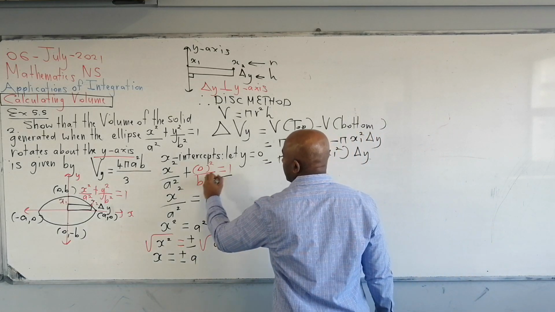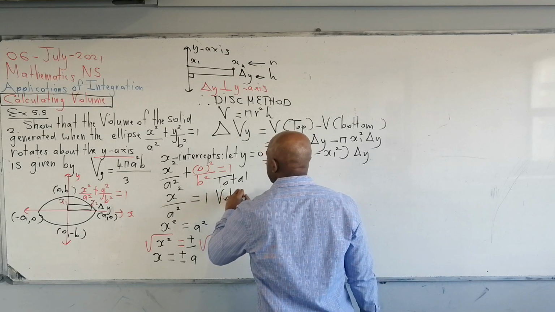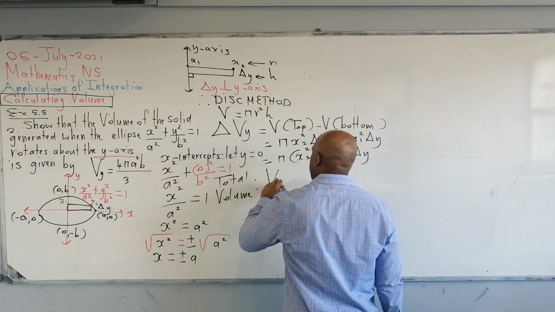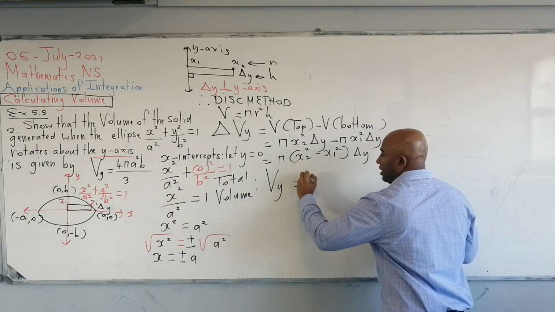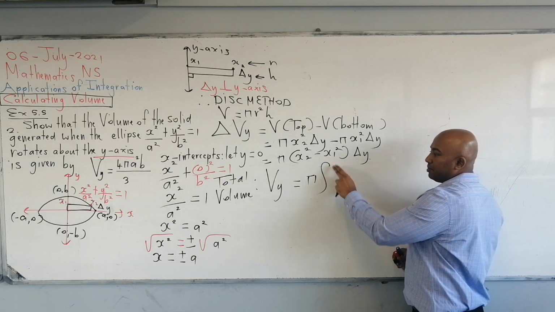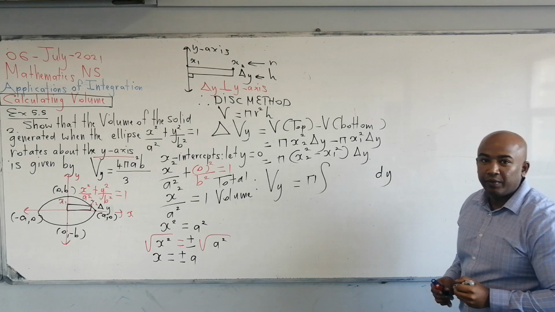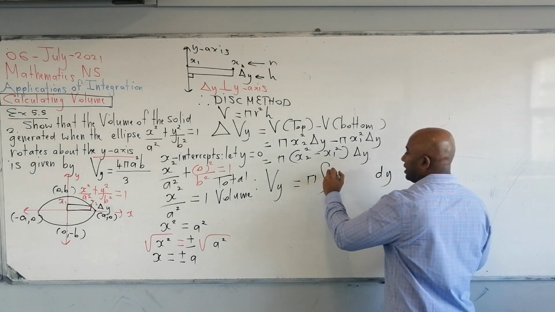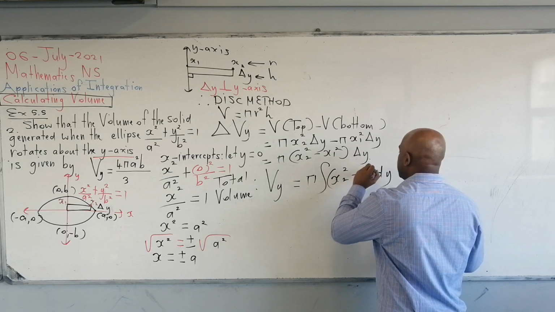Now I will write down the formula for total volume. As soon as I write down total volume, I know I'm putting in my integration symbol. Delta y becomes dy. We are integrating with respect to y. I have x2 squared minus x1 squared.